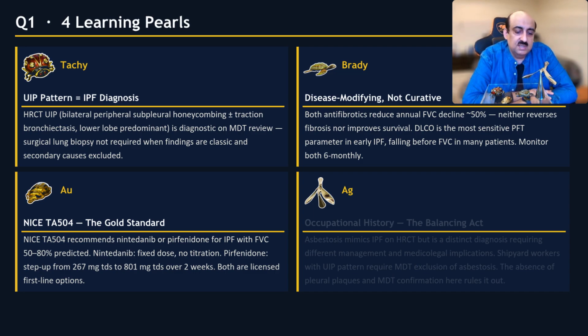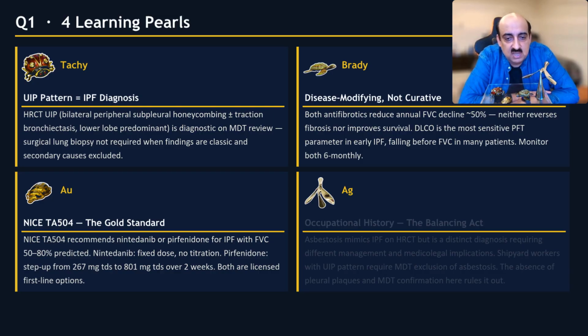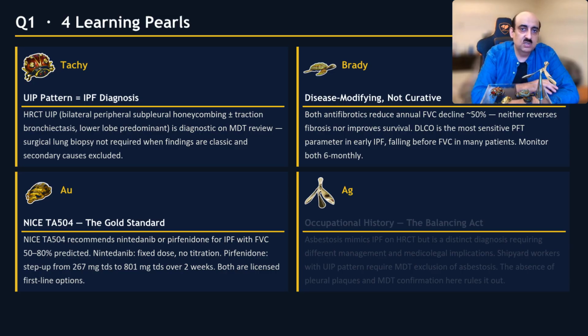The advantage is Nintedanib is fixed dose 150 milligrams twice a day, no titration needed, and Pirfenidone has to be initiated at 267 milligrams 3 times a day, and it can be titrated up to 3 times the dose of 801 milligrams 3 times a day with a cumulative dose of 2,403 milligrams over 2 weeks, depending upon the tolerance and the response. And both are licensed first-line options. In our case, the technical difficulty was the dosing, so that was a red herring.